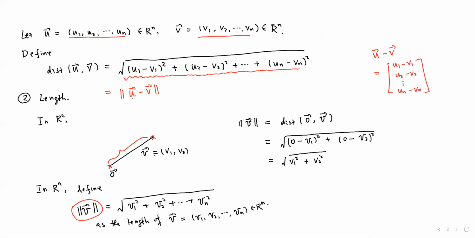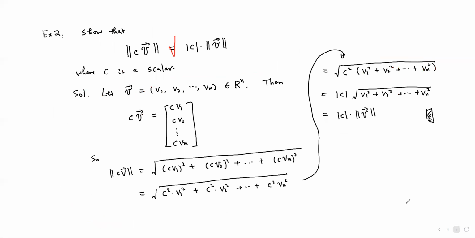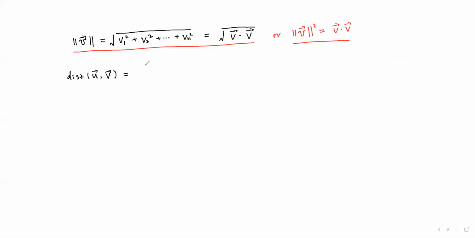This number actually is the length of the vector u minus vector v. This is the length of vector u minus vector v. Now, by the formula here, it is the square root of u minus v dot itself.